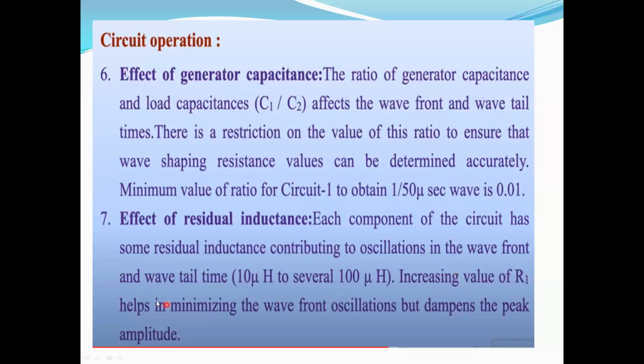Increasing the value of R1 helps in minimizing the wave front oscillations. In circuit 1, R1 is introduced only here; in circuit 2, it is introduced here. Because of this, the oscillations in the wave front and wave tail times are reduced. But this depends on the peak amplitude.